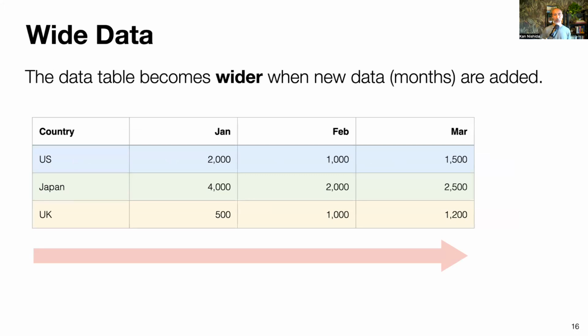Why? Because as new data comes in, it tends to become wider. Right now we have January, February, March. But what happens when April data comes in? We're going to have another column called April. Same thing for May, June, July, and so on. The more data comes in, the more columns you have, which means wider data. So we call this wide data.